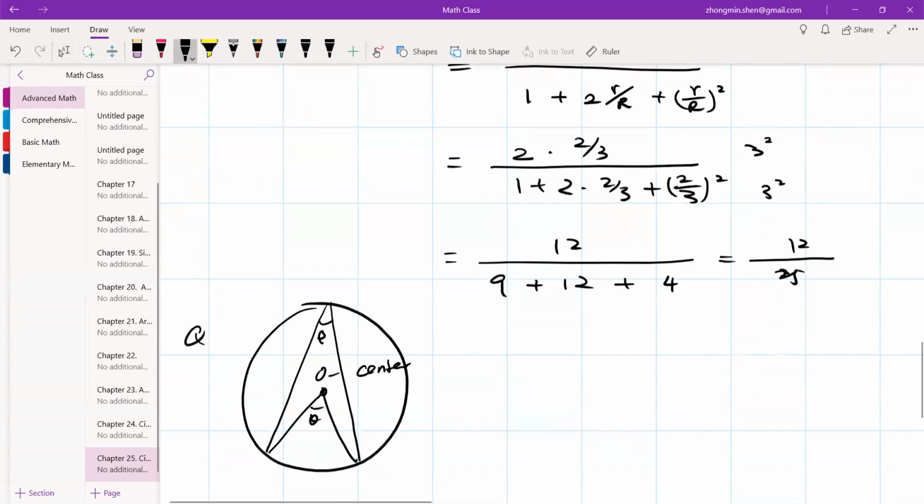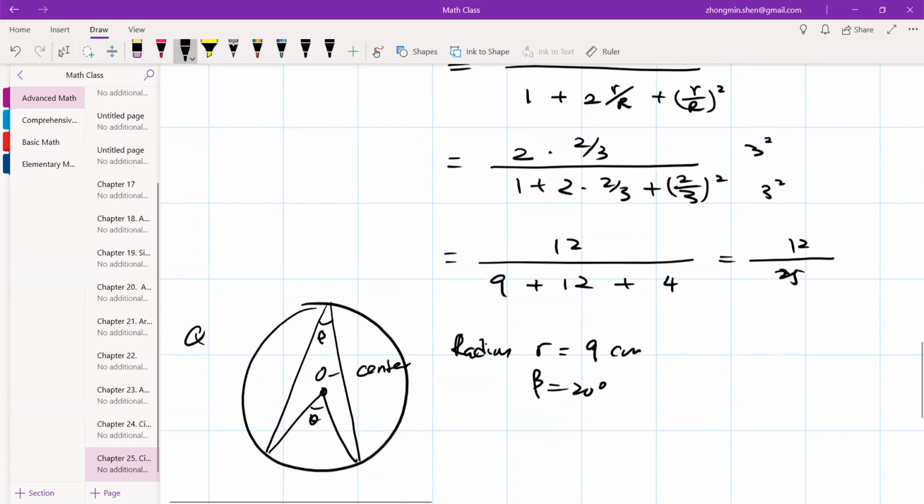All right, let's see what do we have here. We are given the following information. The radius R is going to be 9 centimeters, and beta is going to be 20 degrees, okay?